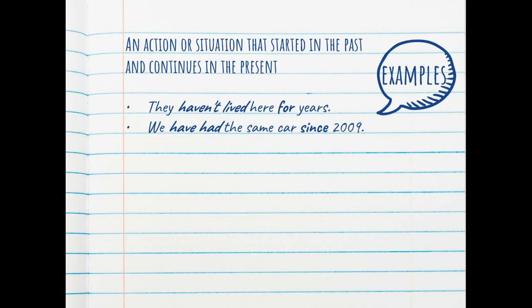Now, these are used for the present perfect tense, and they are used to refer to the time frame where things happened. For refers to the length of time. It encapsulates the whole period.